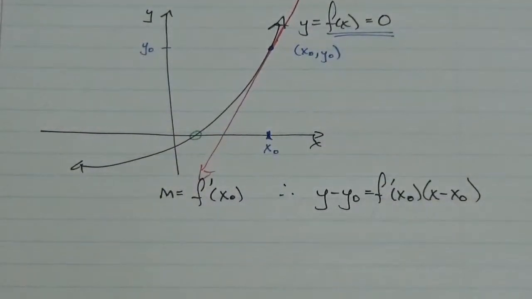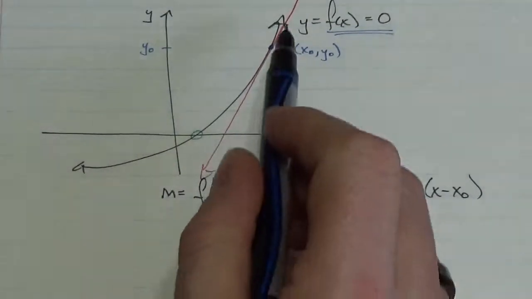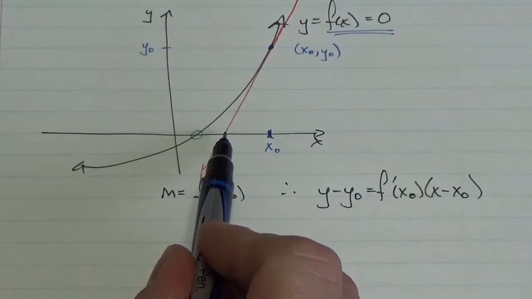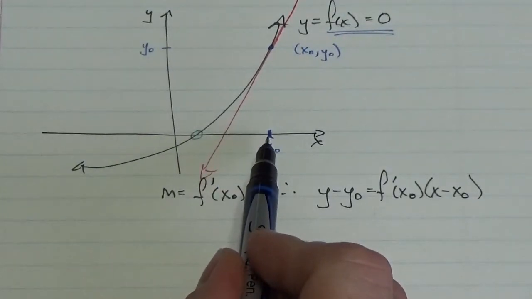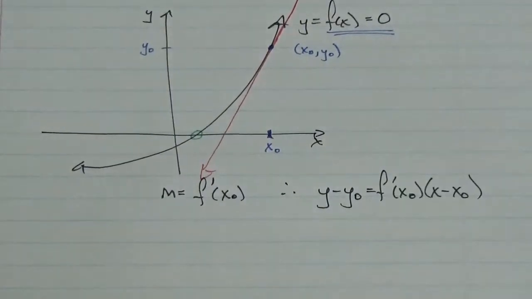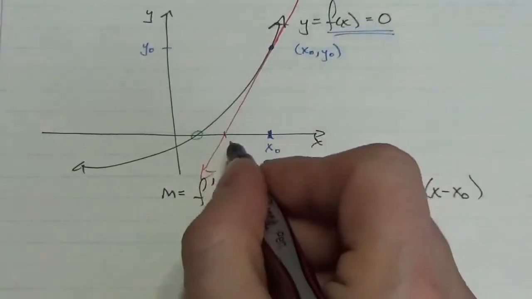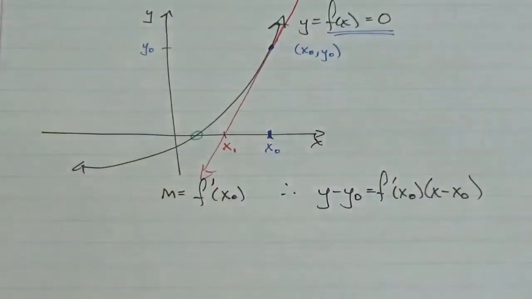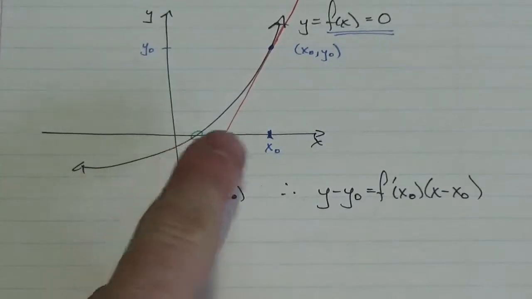Now, notice that where that red line crosses the x-axis is actually closer to the real root than my guess. So I would like to know what this new x-coordinate is. I'm going to call that x1, because that is a whole lot closer to the actual answer than my guess.